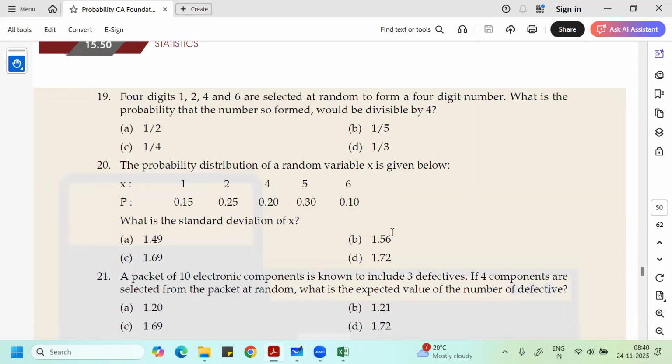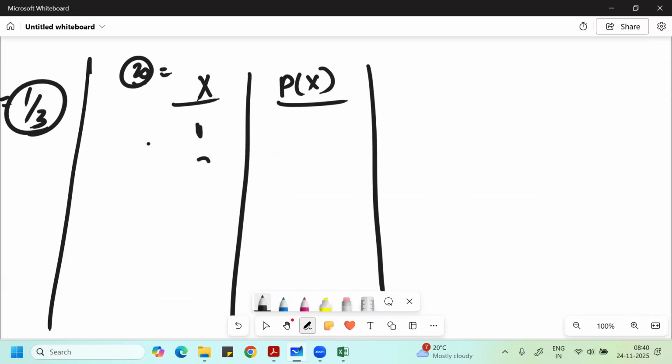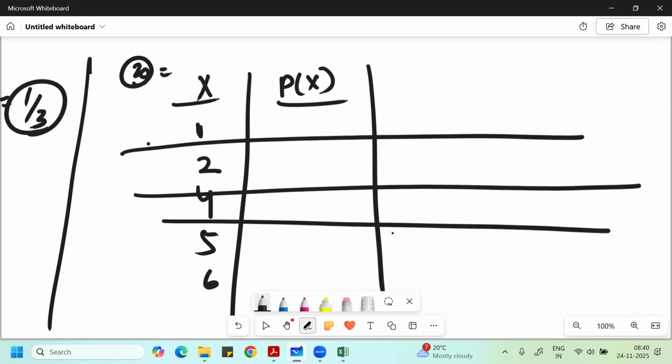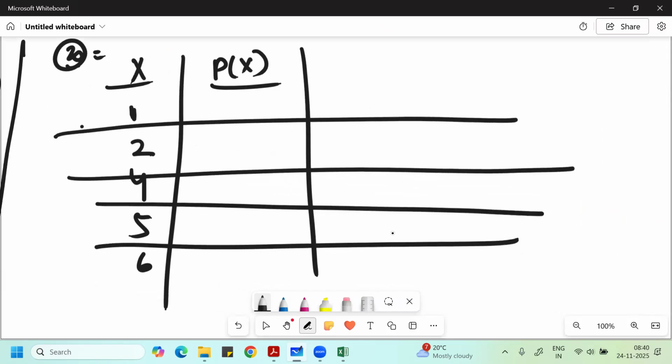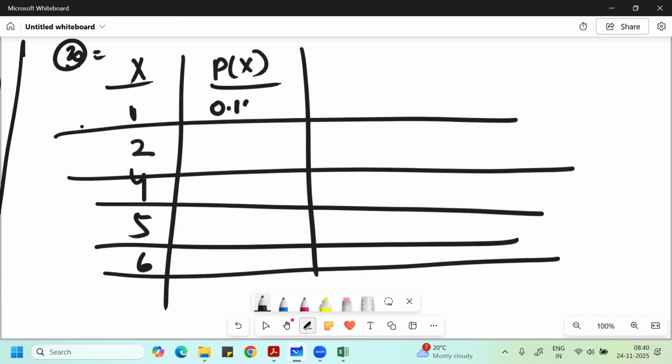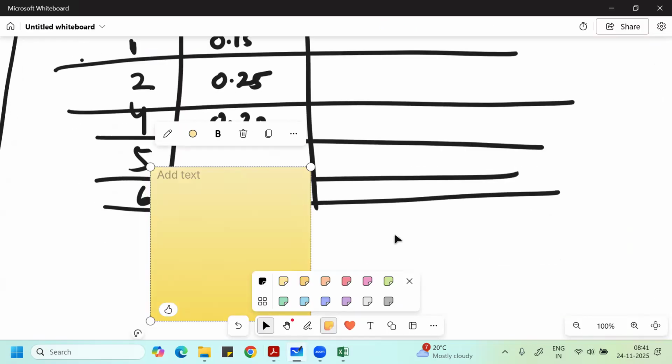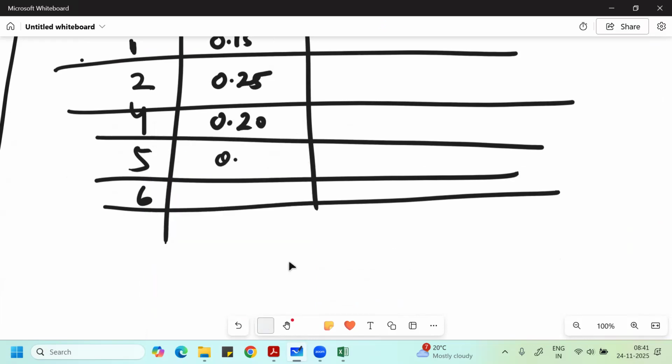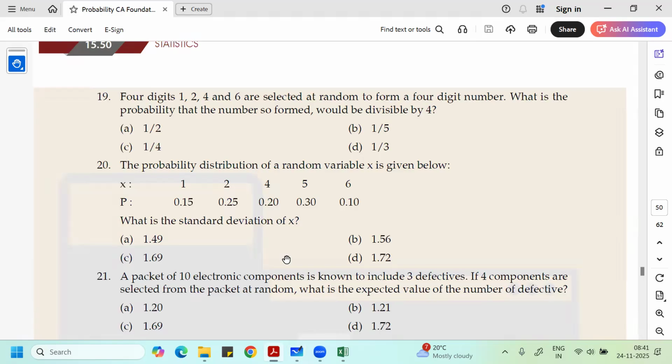This is 1, 2, 4, 5, 6, and the probabilities given to you are 0.15, 0.25, 0.20, 0.30, and then 0.1.